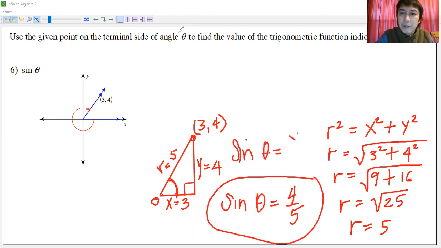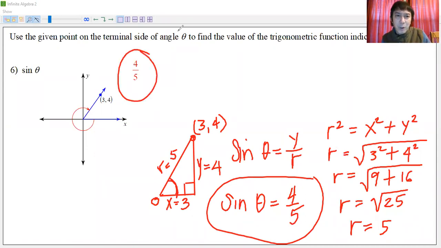Sine of theta is y over r, so that'll be 4/5. Let us check and verify. It must be positive because it's in the first quadrant. So the answer is the small fraction over here.